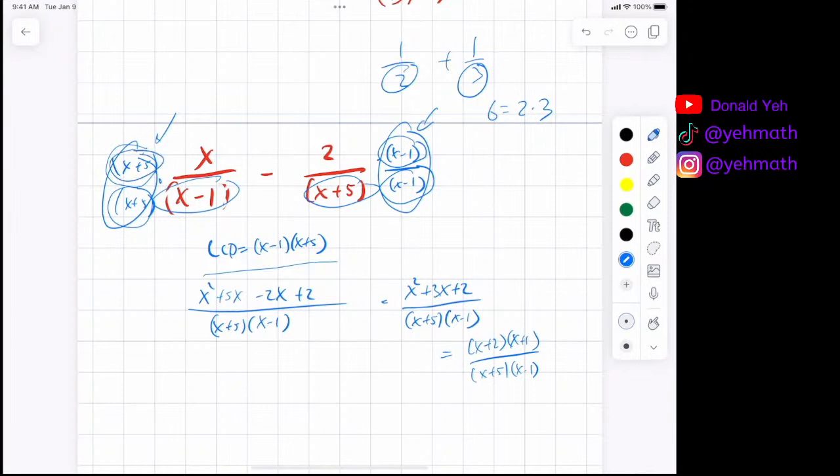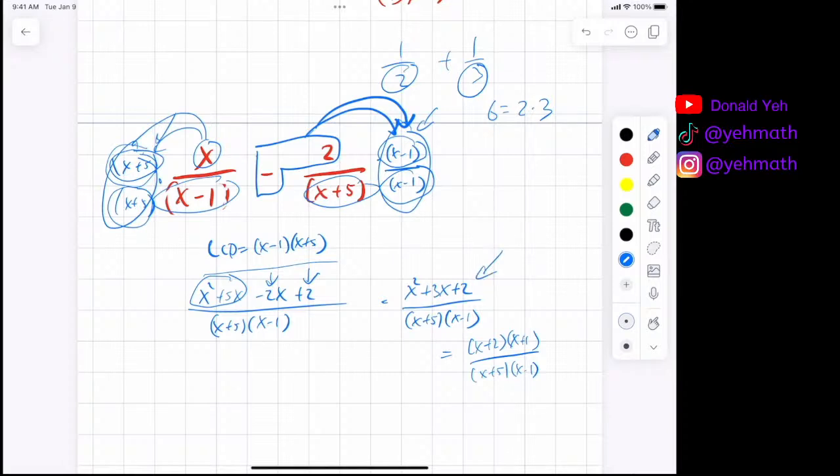Now, when I multiply by x plus 5, this x is going to distribute to x and 5. So that's going to be x squared minus 5x. Now this whole thing here is going to distribute -2 into the x and -2 into the 1. So therefore, it's going to give you -2x and +2. Now I just combine the like terms on the top to get to here.